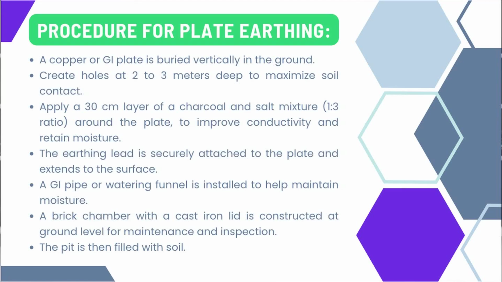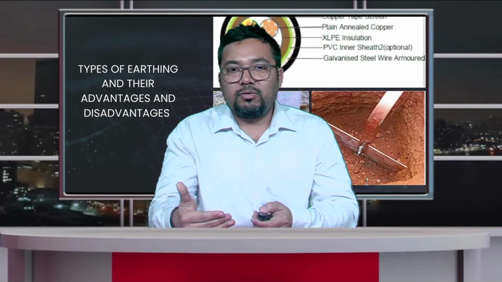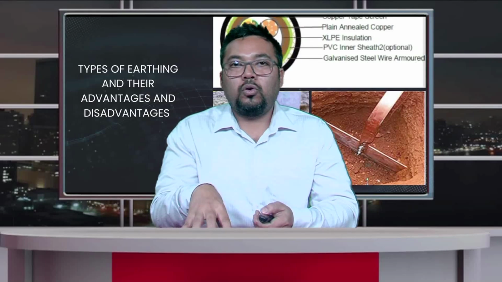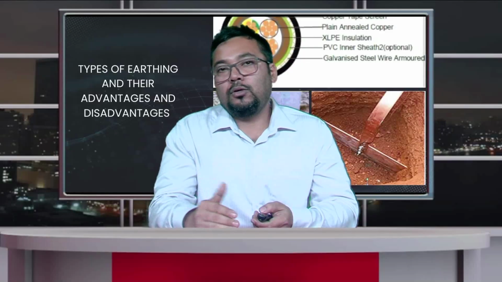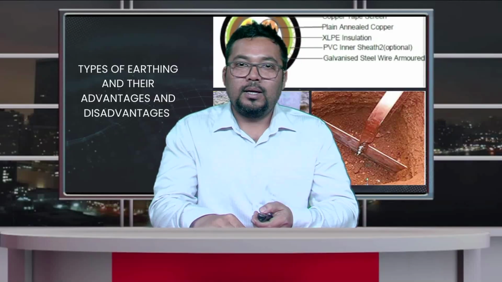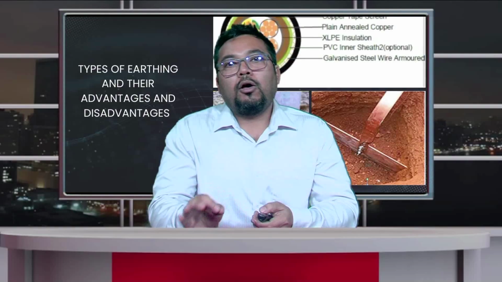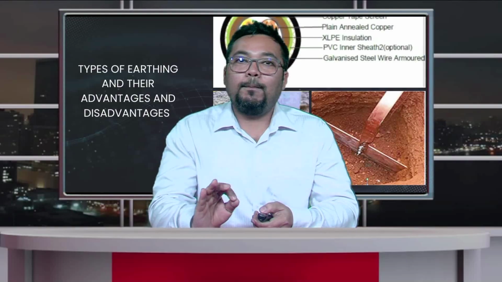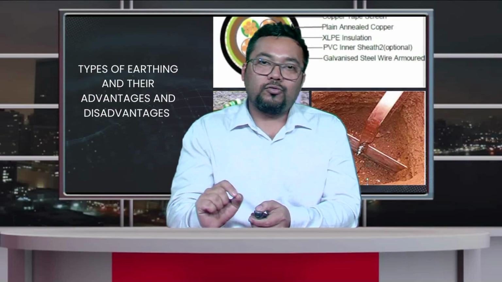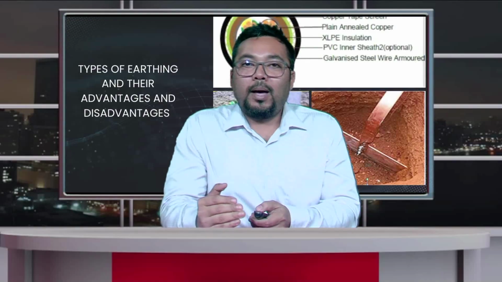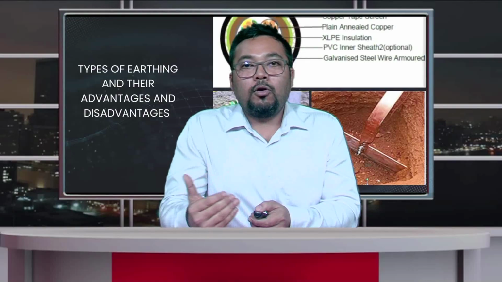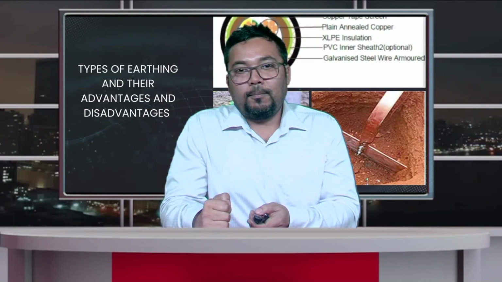Ideally, the earth resistance should be less than 1 ohm. To improve conductivity, more water, salt, or charcoal can be added to the earthing system. This method is one of the best, as it can keep humans as well as the instruments safe by efficiently removing fault current from the system.